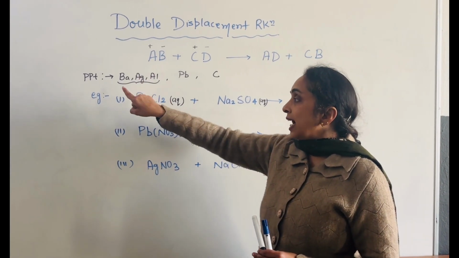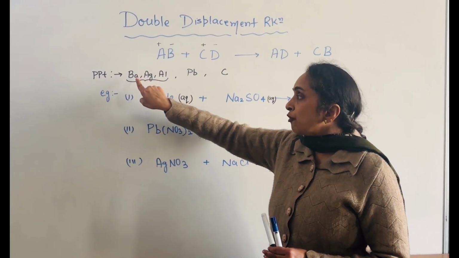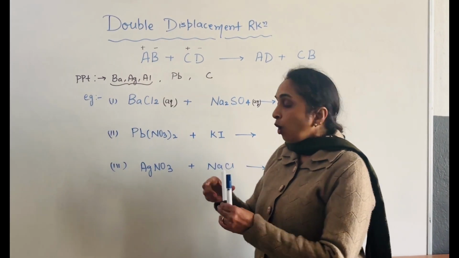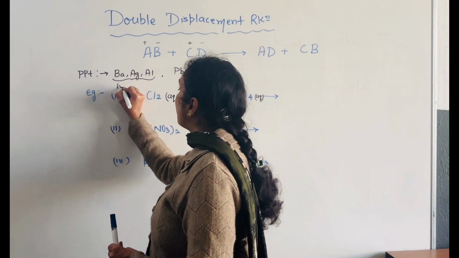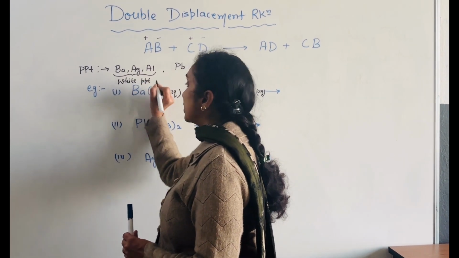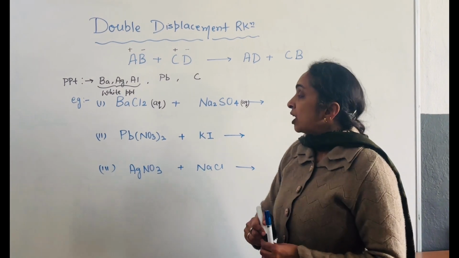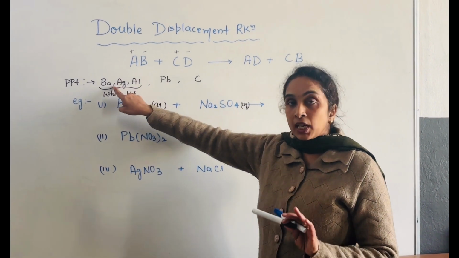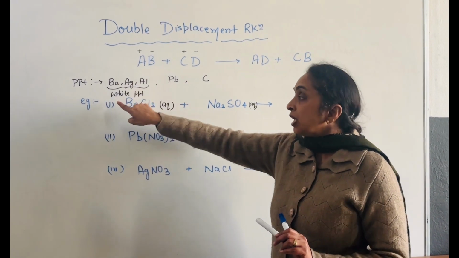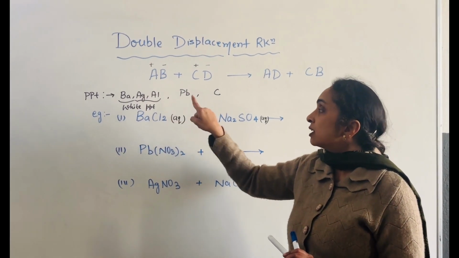So the trick is that the compounds of barium, silver and aluminium always and always form a white precipitate, according to your syllabus. The product formed by barium, silver and aluminium forms a white precipitate.